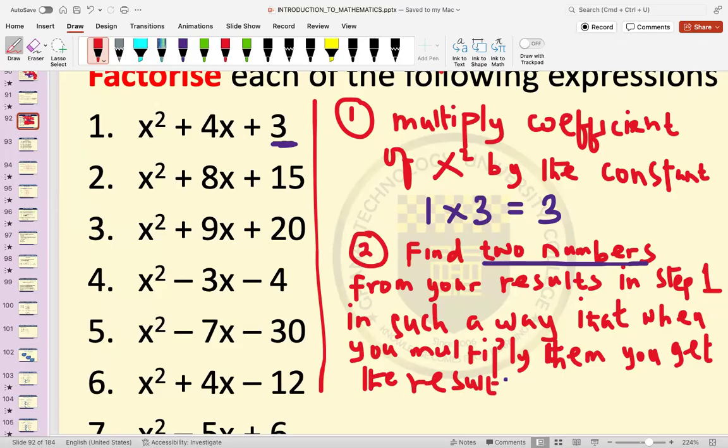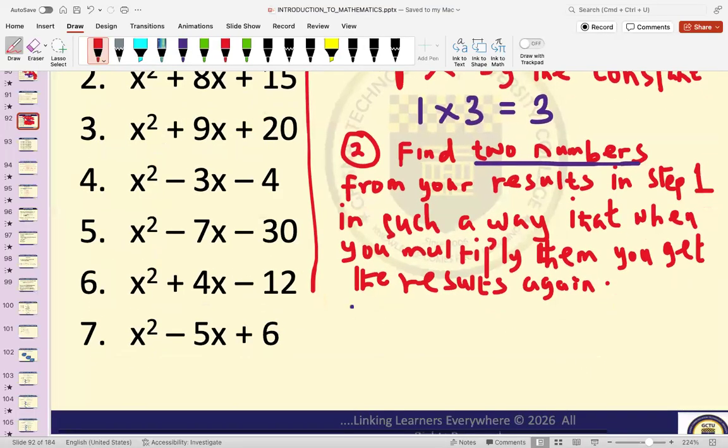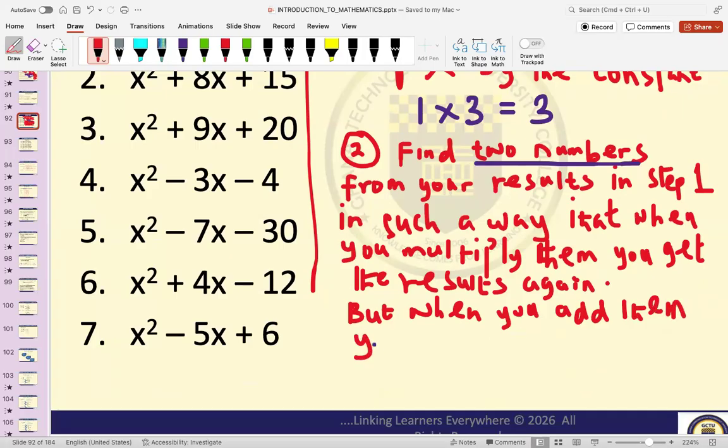That's the first condition. Then there's a second condition: when you add them, you get the coefficient of the middle term.